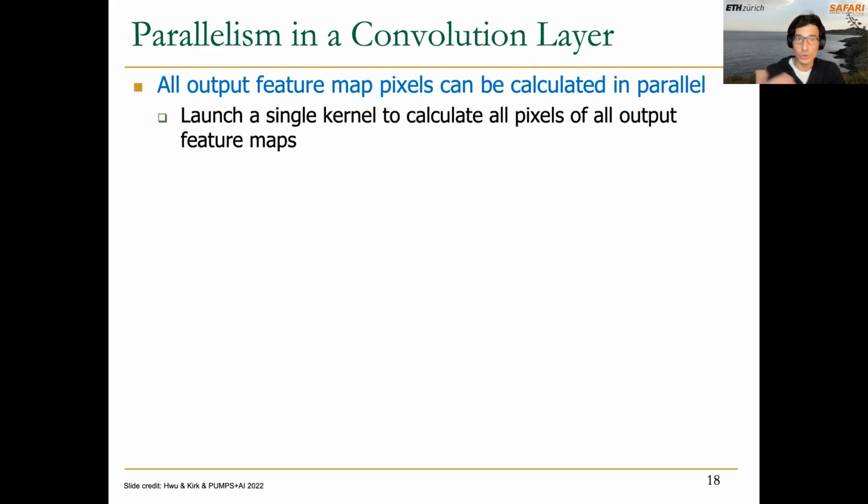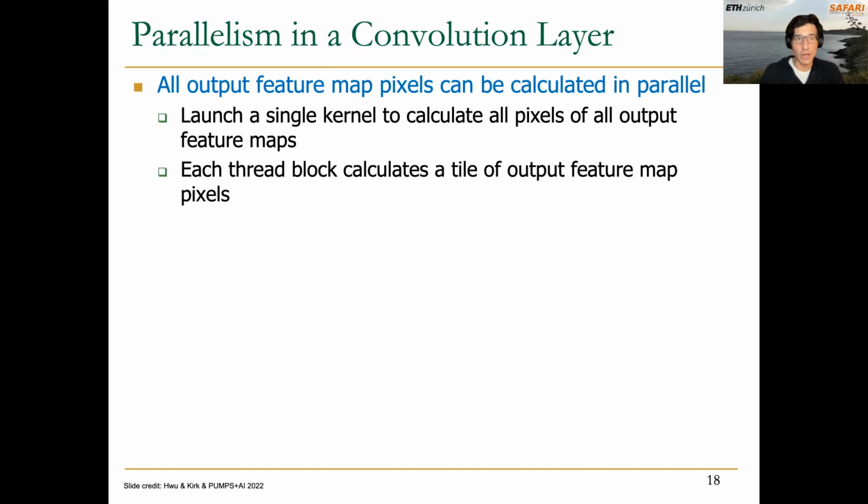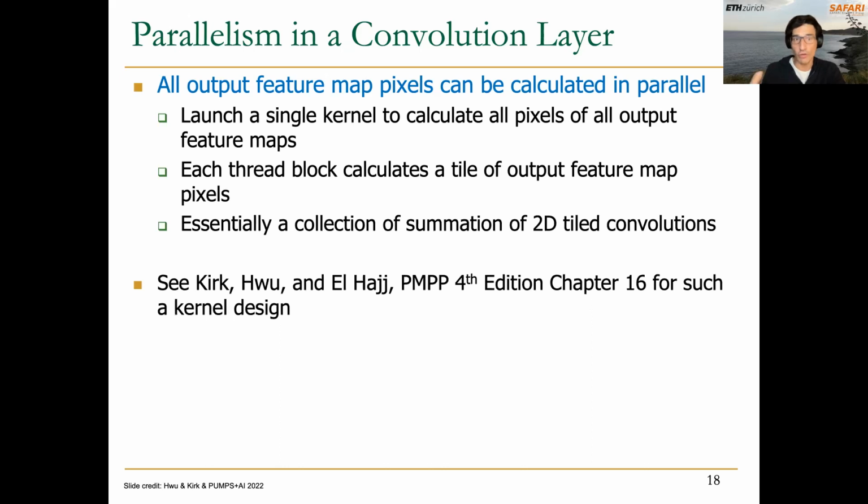One strategy to implement a convolutional layer on a GPU would be to launch a single kernel to calculate all pixels of all output feature maps, and each thread block can calculate a tile of the output feature map pixels, for example, a tile of one of the output feature maps. So essentially, we are going to have a collection of summations of 2D tile convolutions.